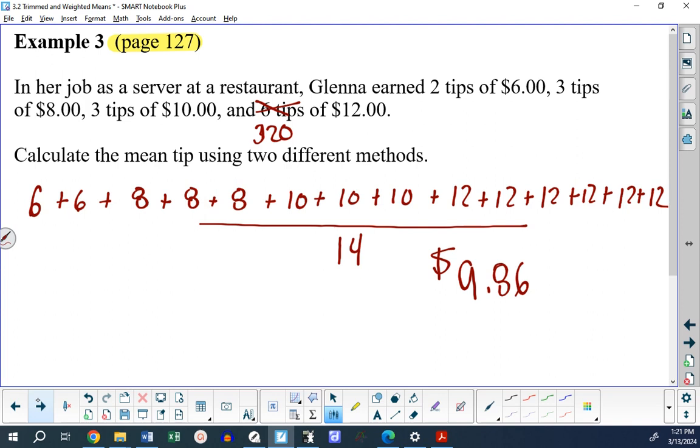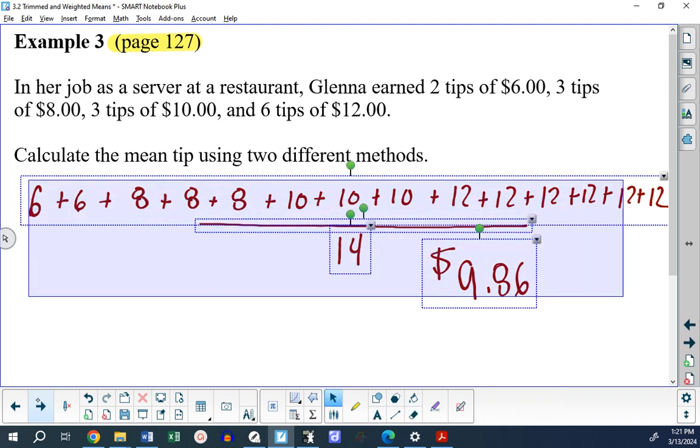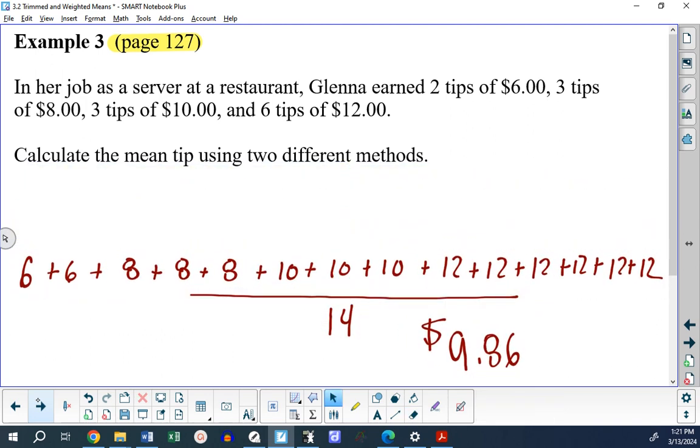And that leads to the method that I happen to use and Alexa happened to use, is we recognized that rather than saying 6 plus 6, this is 2 times 6. Rather than saying 8 plus 8 plus 8, it's 3 times 8.